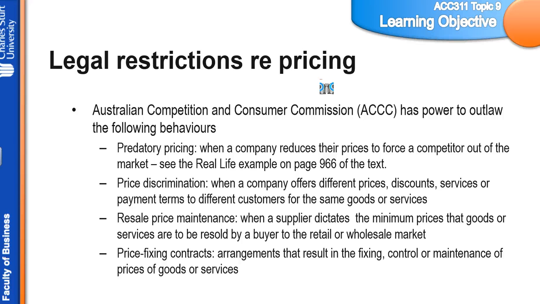And this often happens with wine, where the manufacturer of the wine wants to have the wine priced at the top end of the market to indicate the quality, and doesn't sell through places like Dan Murphy's, because Dan Murphy's might discount the price, and they don't want that to happen. There are also legal restrictions about price fixing contracts, so arrangements that result in the fixing, control or maintenance of prices of goods and services.